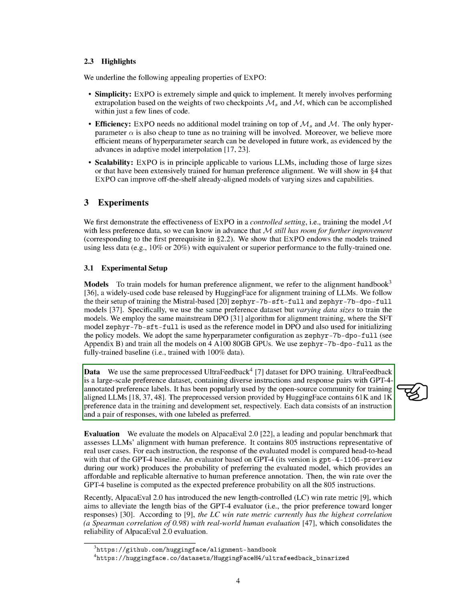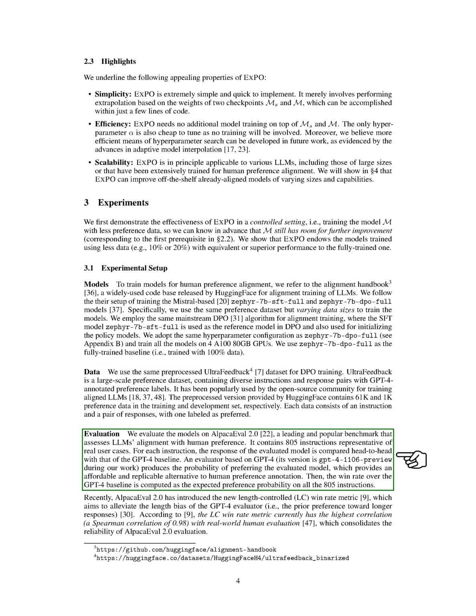Section: Evaluation. In this section, we assess the models on Alpaca Eval 2.0, a well-known benchmark that evaluates how well LLMs align with human preferences. This benchmark includes 805 instructions that represent real user scenarios. Each instruction's response from the model being evaluated is compared directly with that of the GPT-4 baseline.